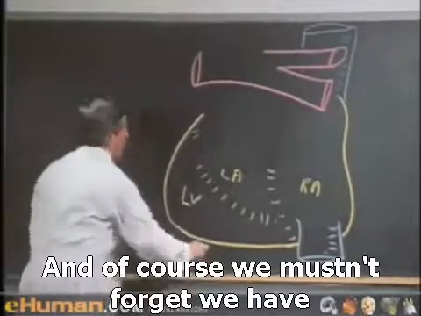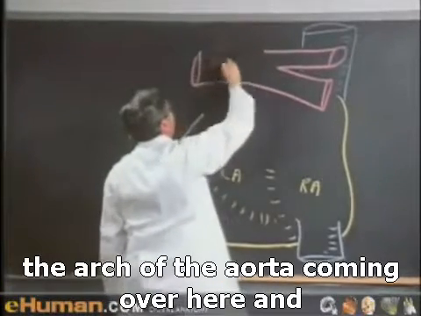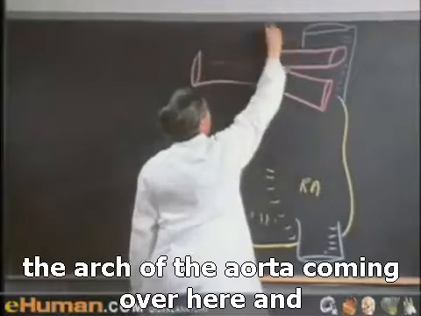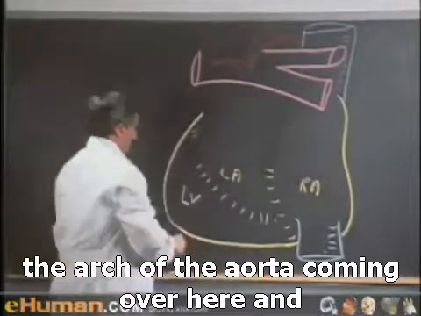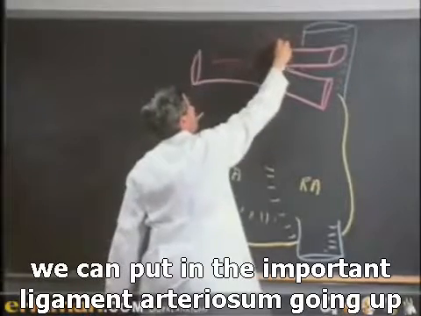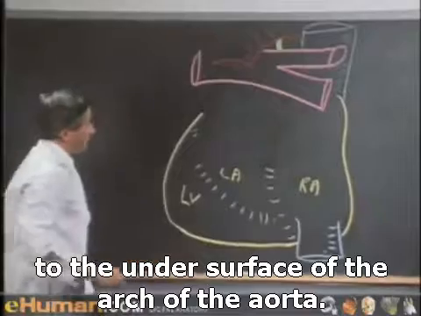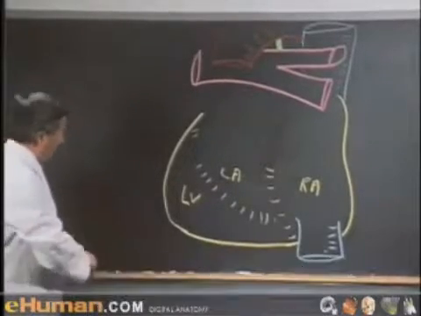And then, of course, we mustn't forget we have the arch of the aorta coming over here, and we can put in the important ligamentum arteriosum going up from the pulmonary trunk to the undersurface of the arch of the aorta.